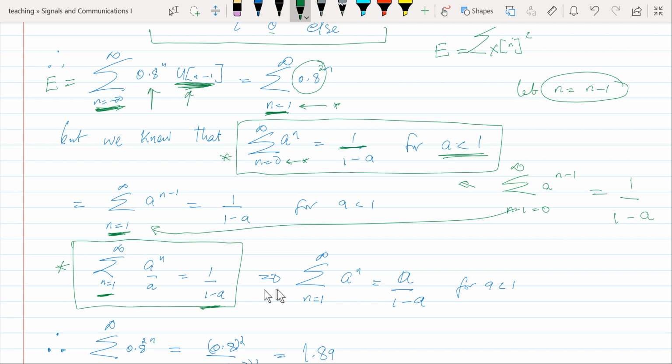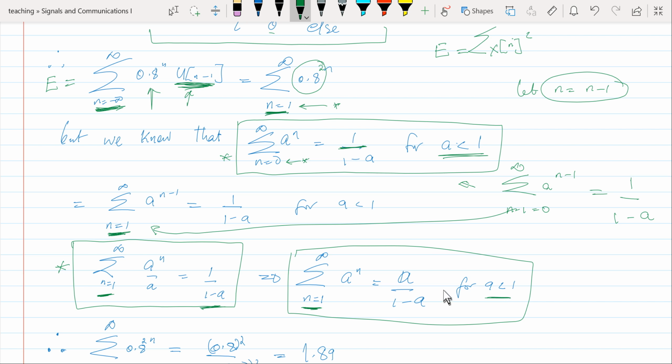So we can say that the sum from n equals 1 to infinity, multiplying both sides by a, this a comes out and goes there. So our equation takes the form a to the power n when n moves from 1 to infinity, and the expression on the right becomes a over 1 minus a, for |a| less than 1.